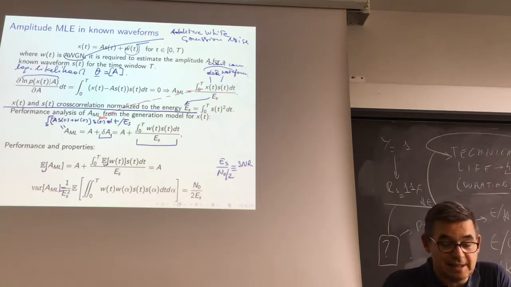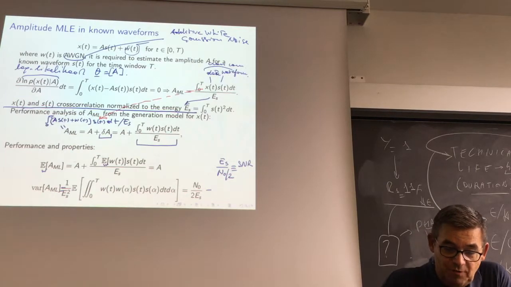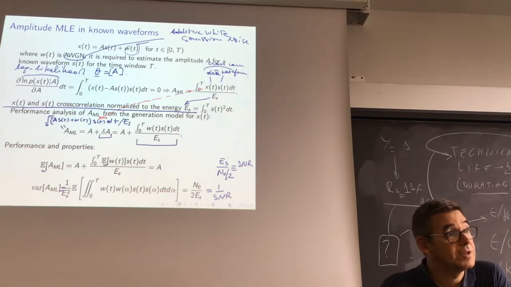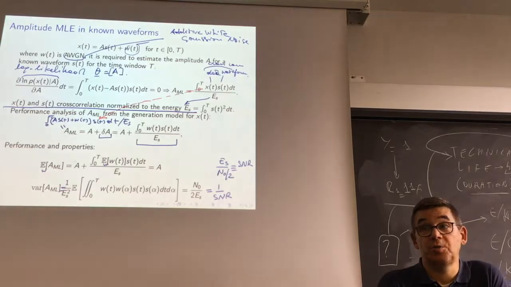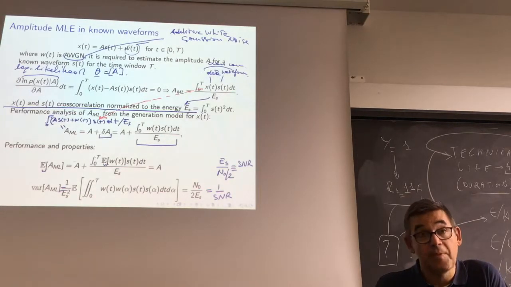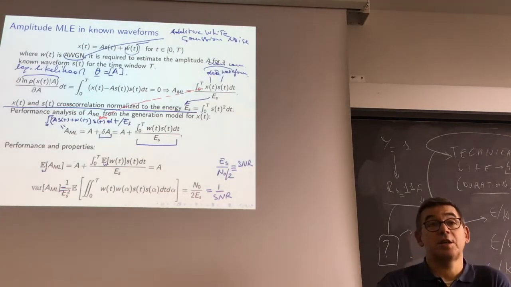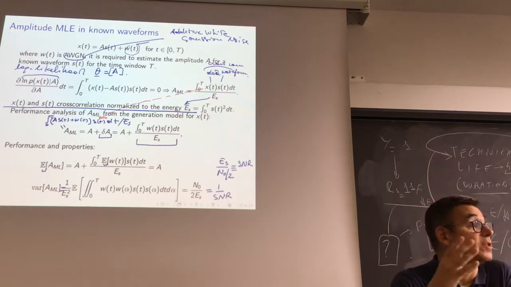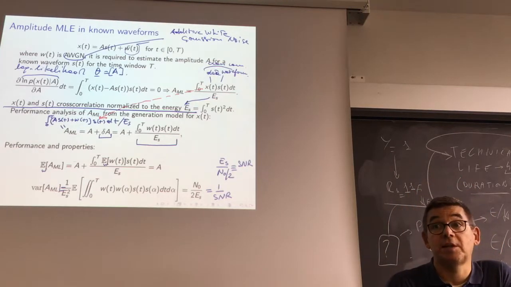So synthetically, the variance is equivalent to 1 over SNR. So it's inversely proportional to the signal to noise ratio. If the signal to noise ratio is very high, the variance is very small, which means the amplitude is estimated very accurately.